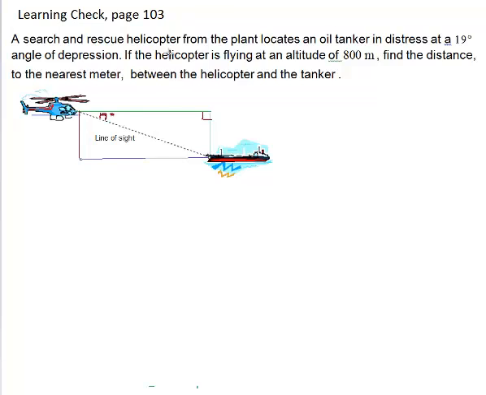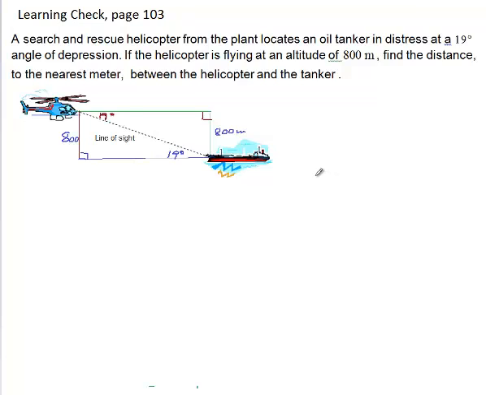Now the 19 degrees, that angle would go here as well, because we know angles of depression and angles of elevation are the same angle. I can put the 800 meters here, or I could have put it over here as well. So either triangle doesn't make any difference.